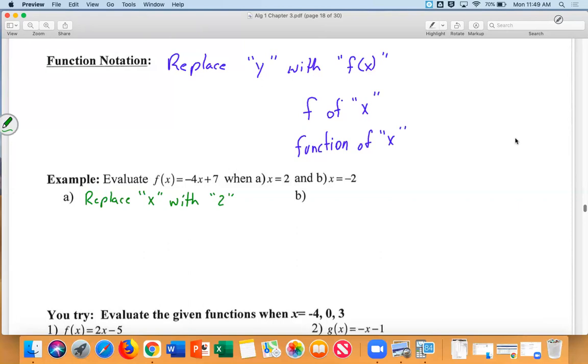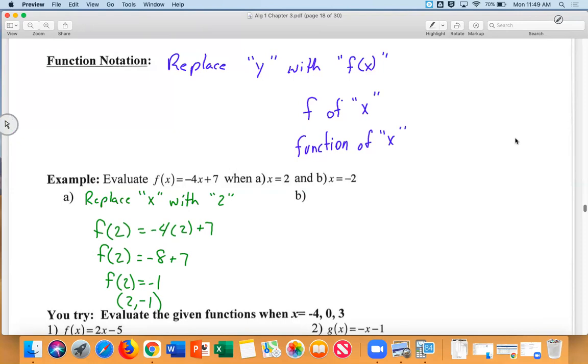Do you see how I have an x here and an x there? This is what it's going to look like. f of 2 equals negative 4 times 2 plus 7. f of 2 equals negative 8 plus 7. And you said f of 2 was equal to negative 1, right? This corresponds to the point 2, negative 1. But wasn't it much easier to do it your way?